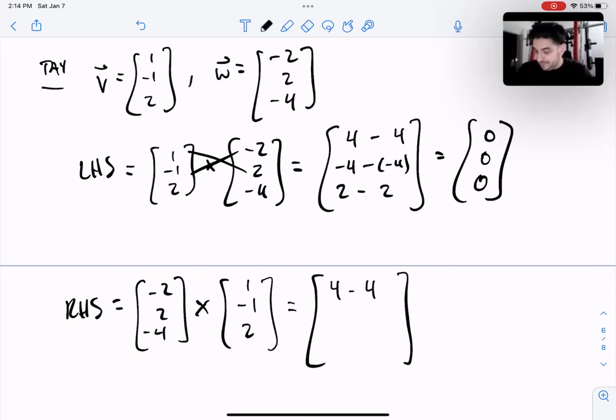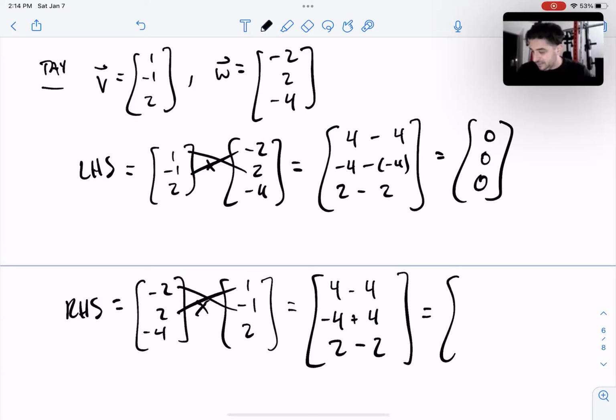Then I go here for the y, it's going to be minus 4 minus 4 is plus 4, right? Then I go here for the z, it's going to be 2 minus 2. And I get (0, 0, 0). Okay, they match, right?